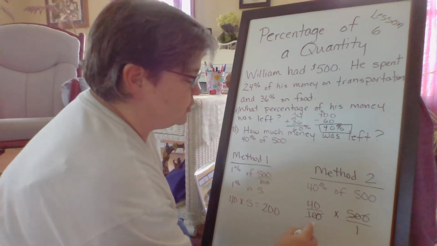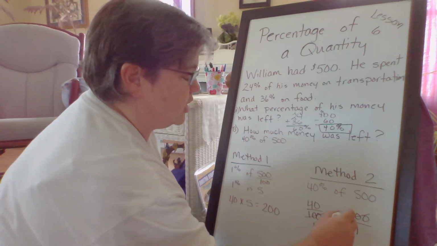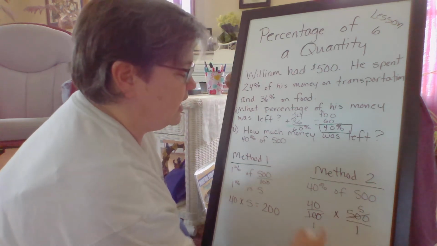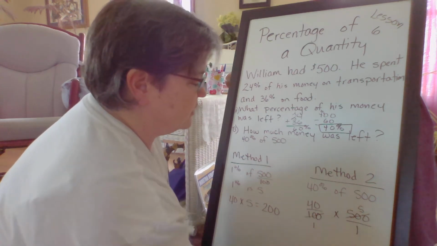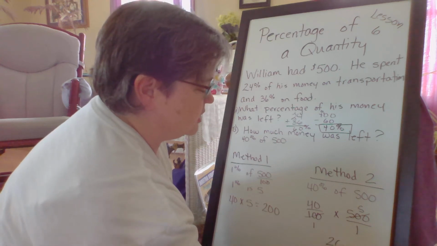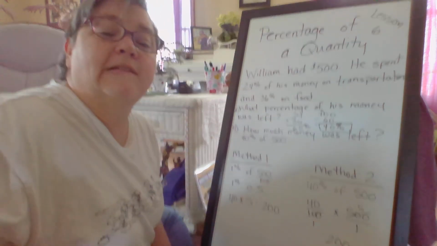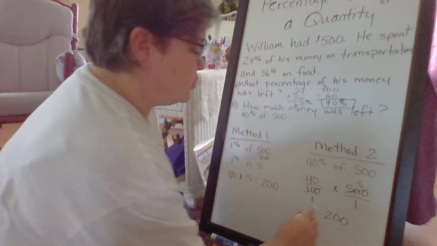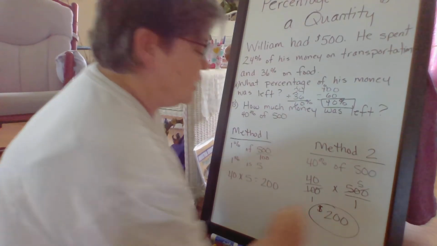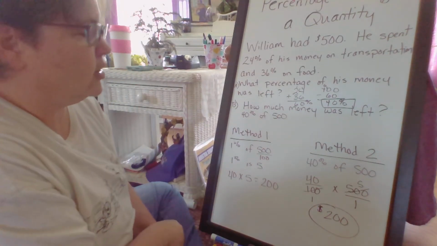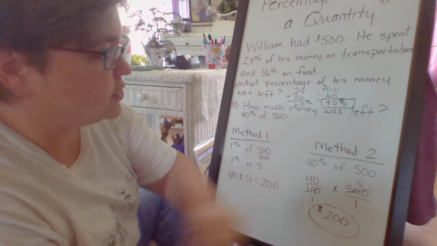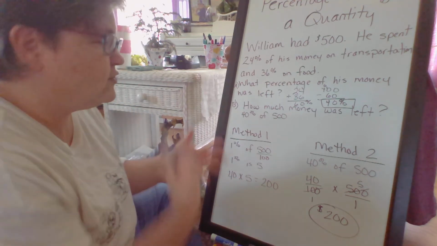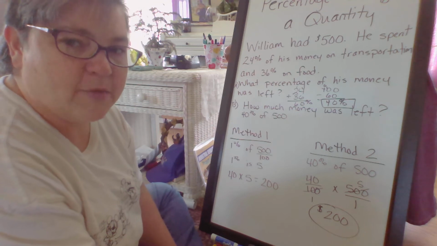I cross reduce. 100 will go into 100 once and into 500 five times. And then 40 times 5 is 200. So he spent $300 because he has $200 left. So we can figure all that out now that we know all that information, right?